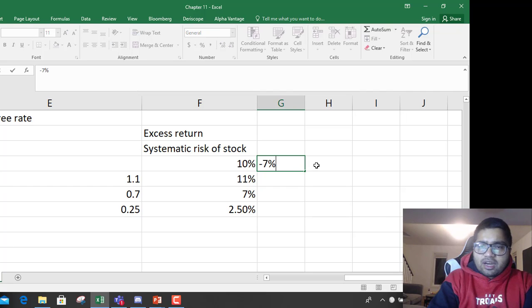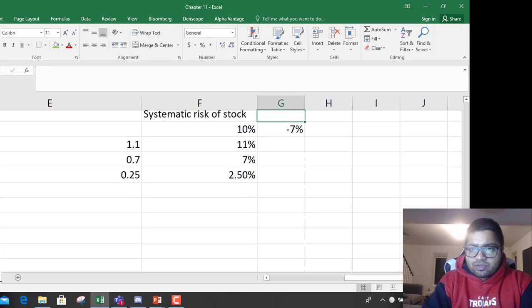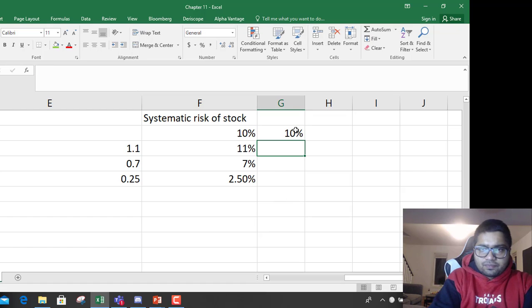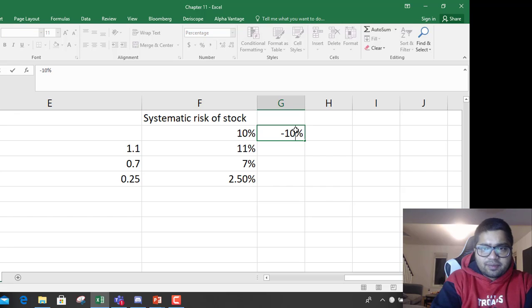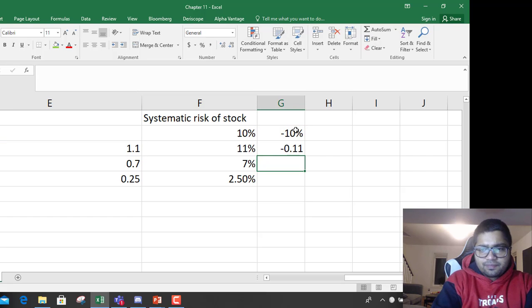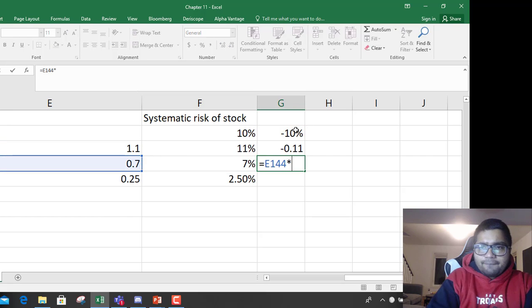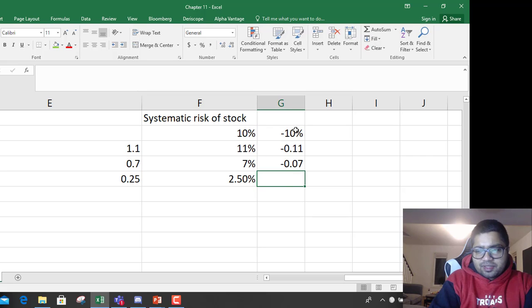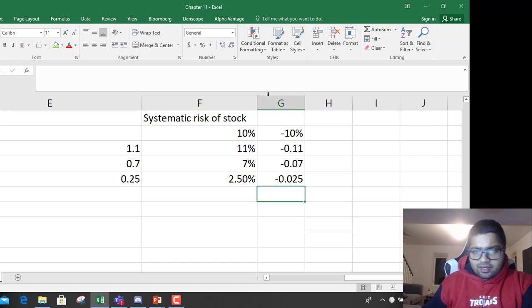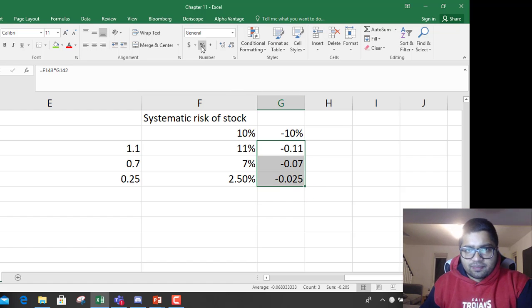But if the market goes down by 10%, so negative 10%, stock A will go down by 11%, stock B will go down by 7%, and stock C will go down by 2.5%.